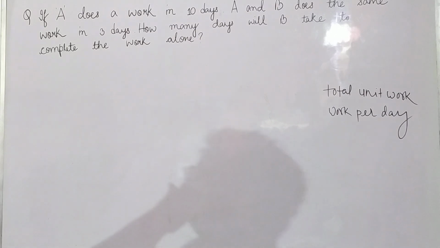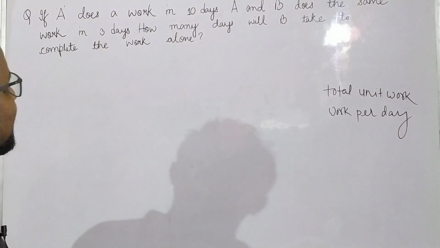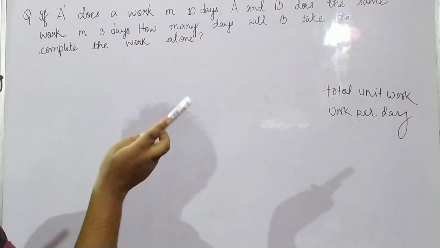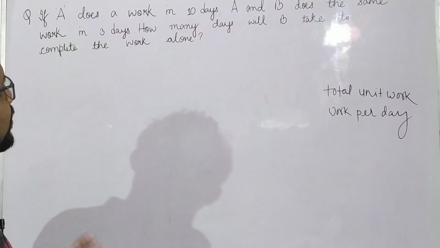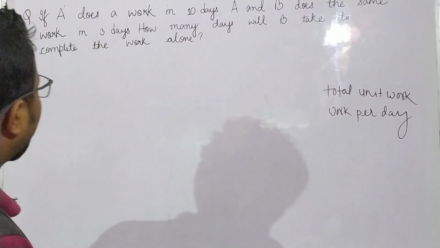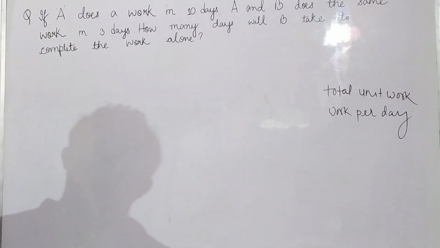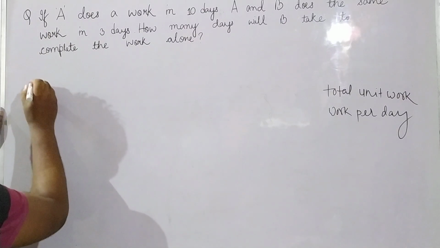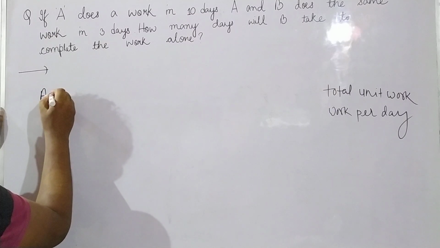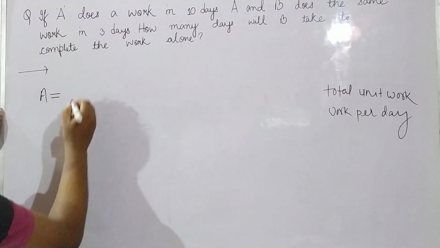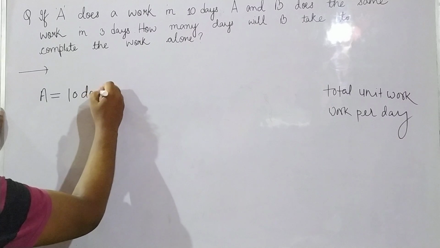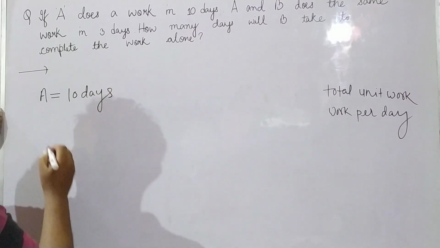Now the next question: if A does a work in 10 days, and A and B together do the same work in 3 days, how many days will B take to complete the work alone?